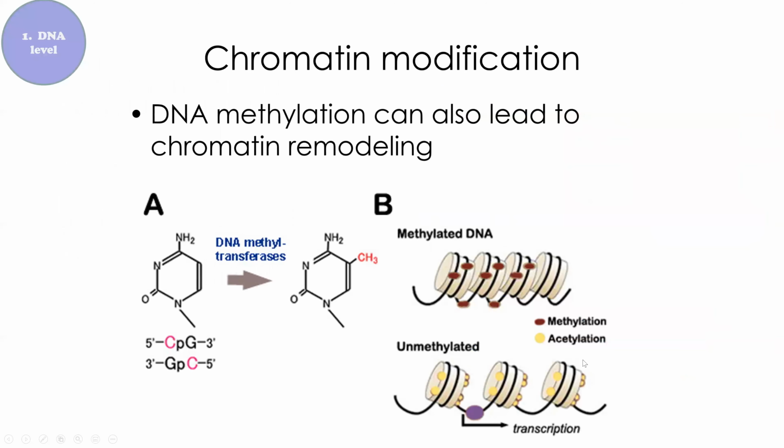So we talked about two things we can do to histones, acetylation and methylation, but we can also methylate DNA. So what does that mean? Previously, those modifications were happening only on histone tails. They were not happening anywhere else. They were on the protein. When we talk about DNA methylation, it's literally what we're saying it is.